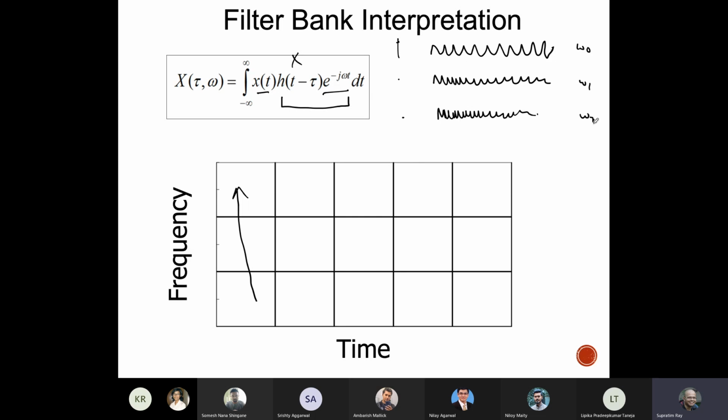The lower frequencies are below, the higher ones are above. But the idea is the same thing. So always you are looking at a particular filter. That's the filter bank interpretation of Fourier transform. And when you have a window, it just sort of localizes it better in time as well as frequency domains.